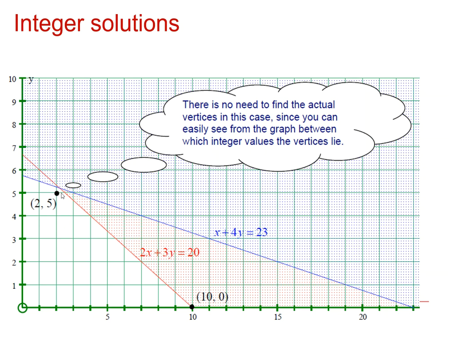And in this case, this point here, (2, 5), we can clearly see from our graph that that must be the nearest solution, unless the objective line is really close in gradient to one of those two lines, which is why it's not absolutely guaranteed, but almost certainly that will be the best solution.